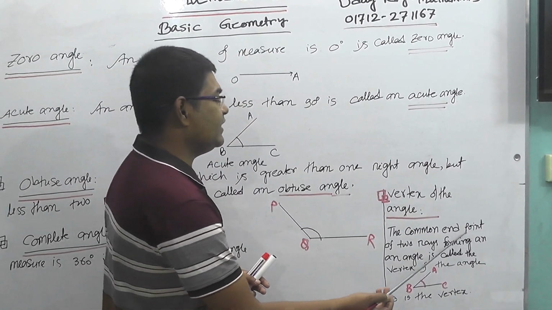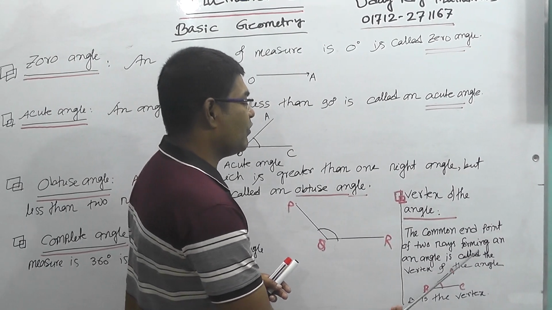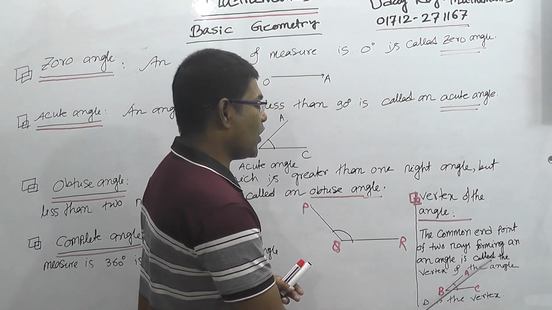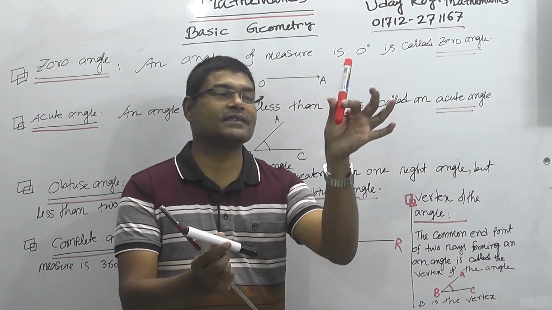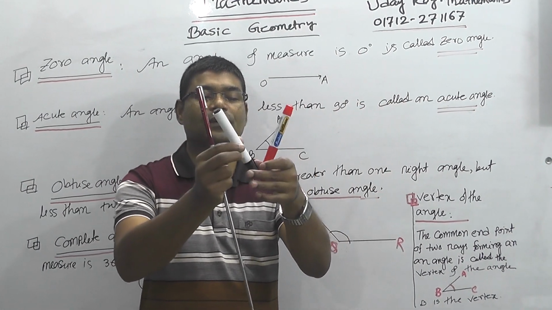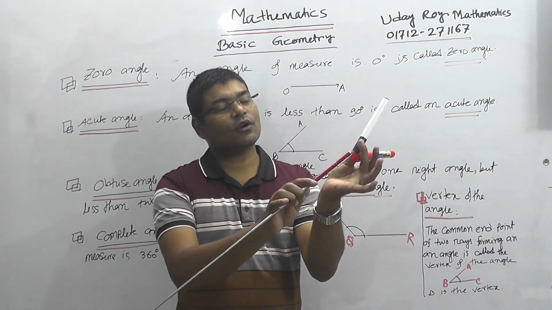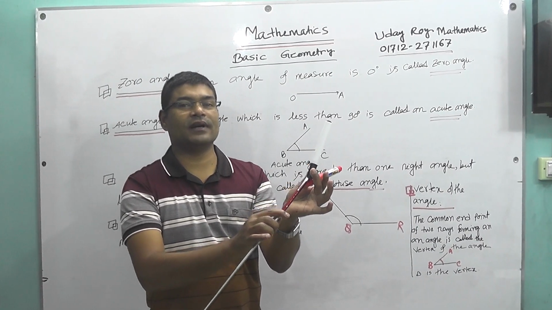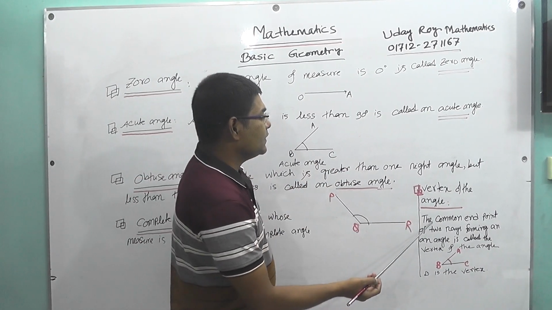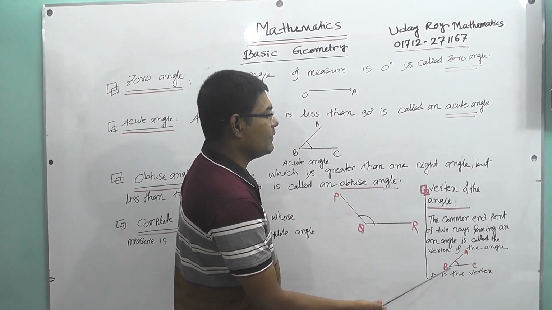The common end point of two rays forming an angle is called the vertex of the angle. Here is the ray, here is the ray. So this point is the common end point. This is the vertex of an angle.